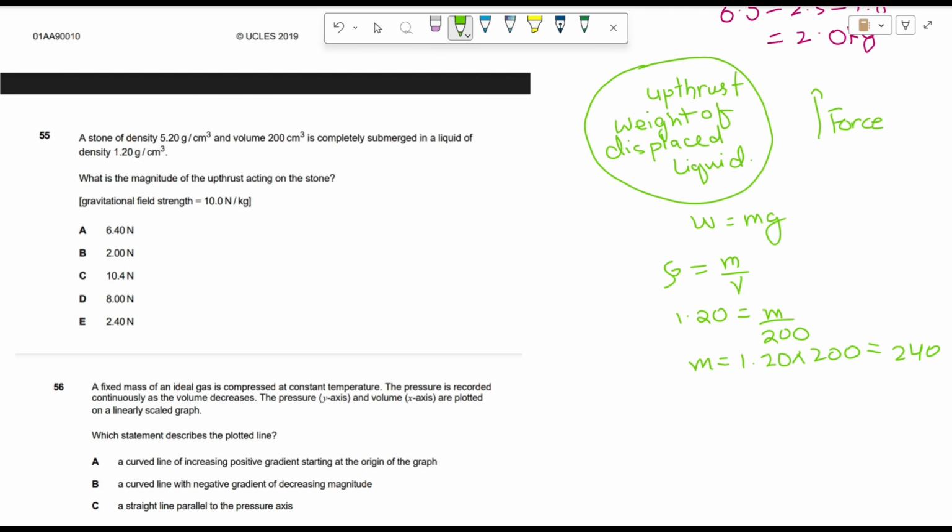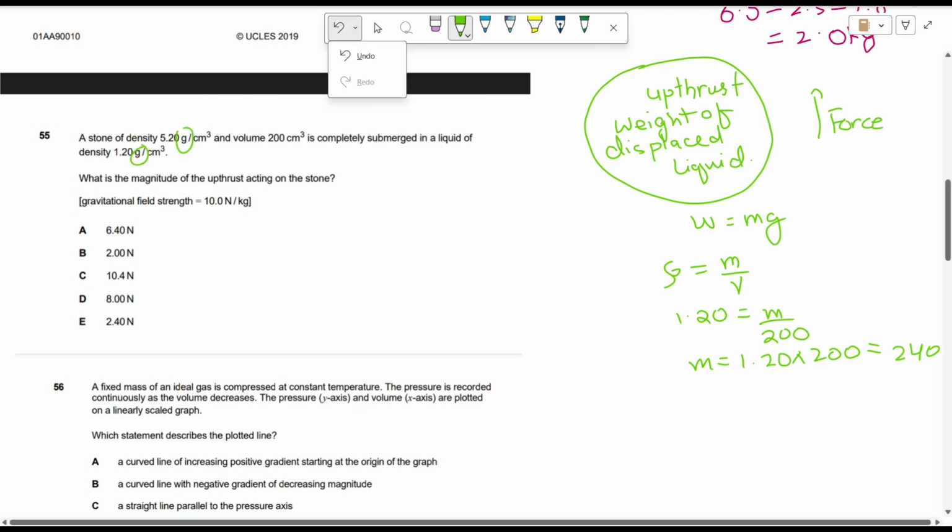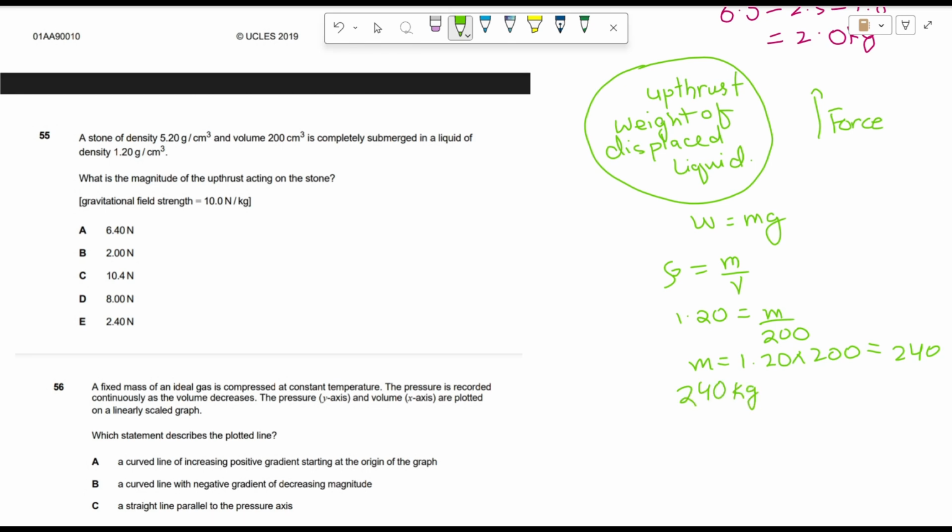But everything is given in gram, so we are supposed to convert this 240 into kg, by dividing it by 1000.